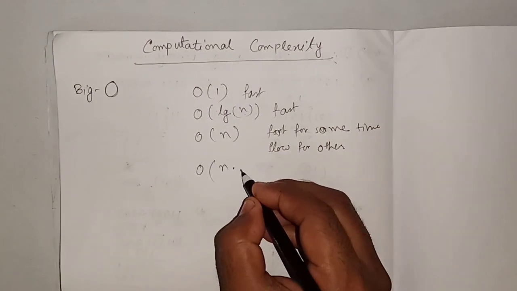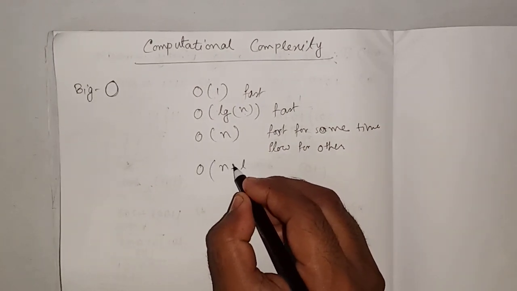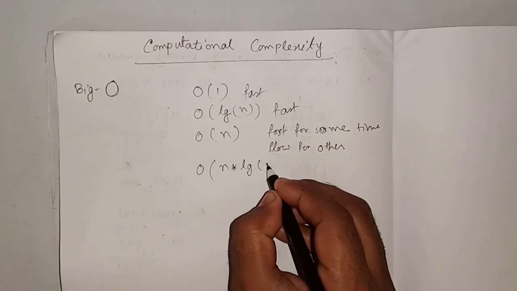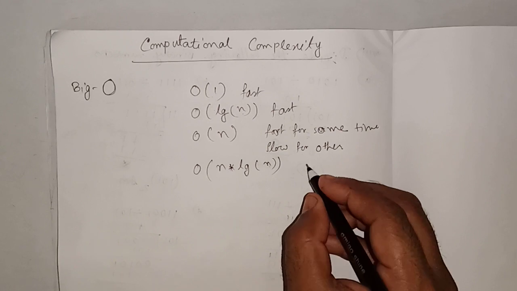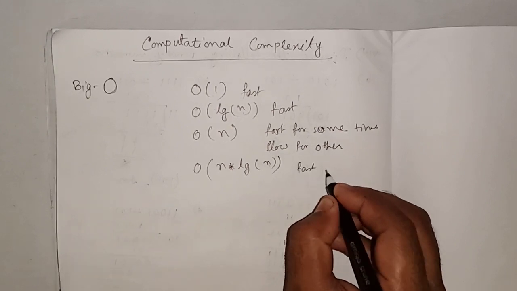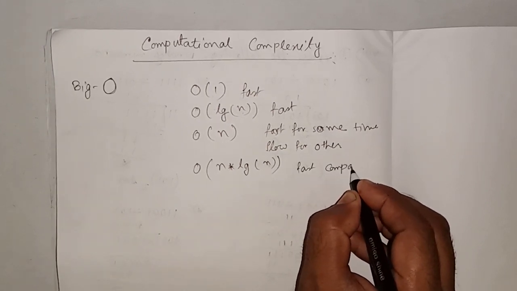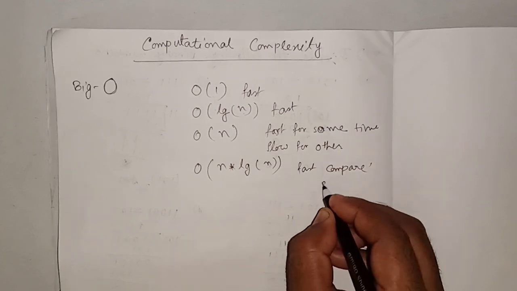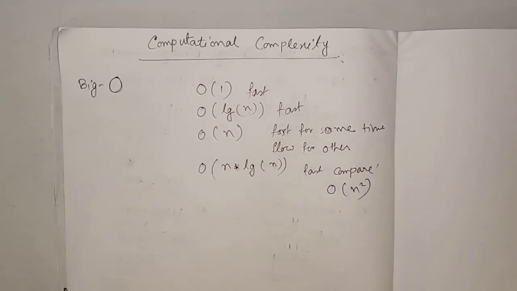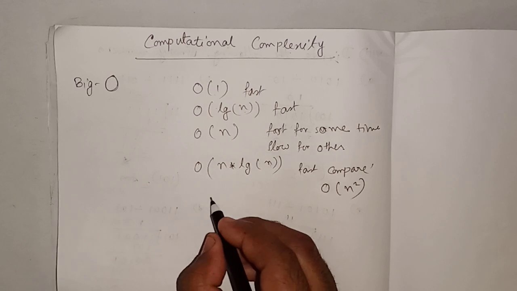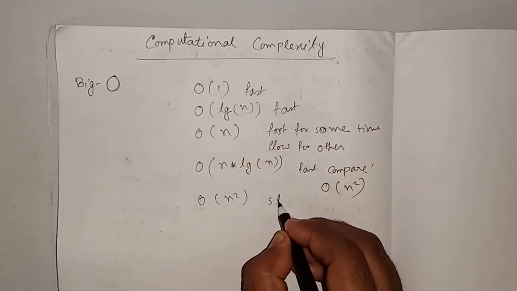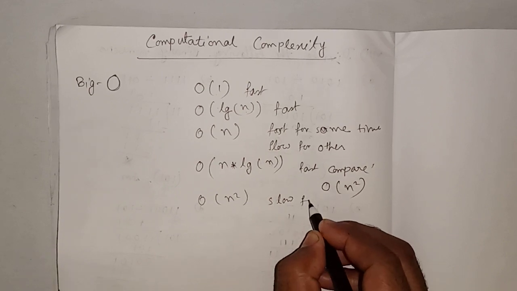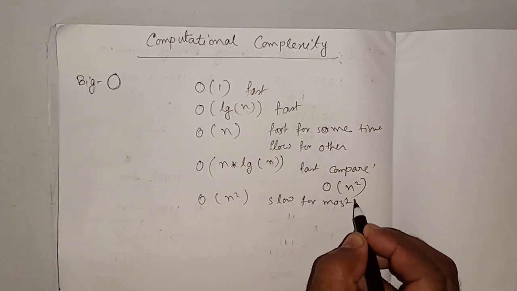O(n log n), fast compared to O(n square). Okay, O(n square), slow for most.